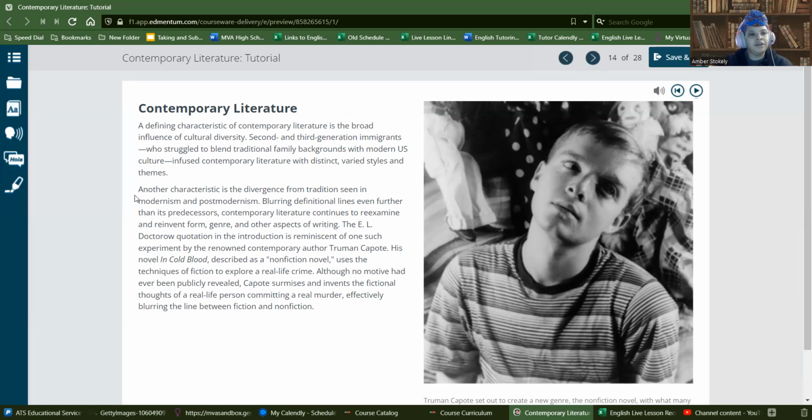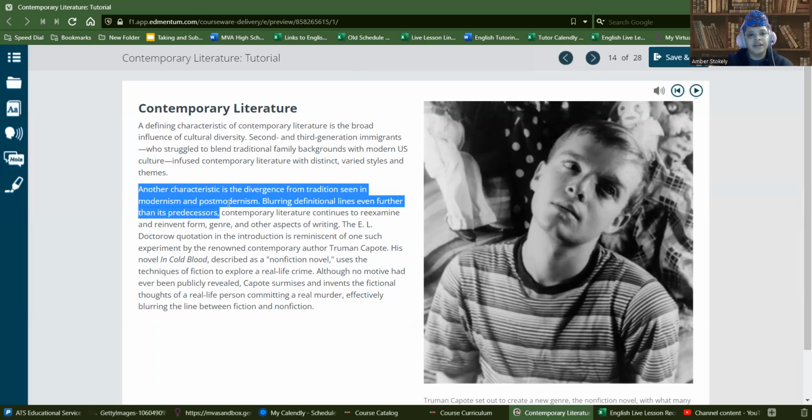So it says here, another characteristic is the divergence from tradition seen in modernism and postmodernism. So they blurred definitional lines even further than those two things. Just as a reminder, modernism and postmodernism were movements that tried to blur the line between fiction and reality by writing fiction in a way that was about things that could actually really happen.